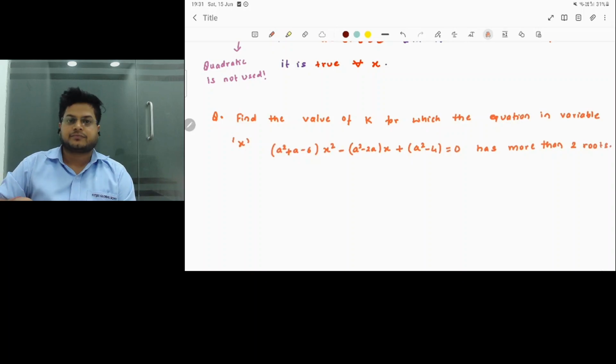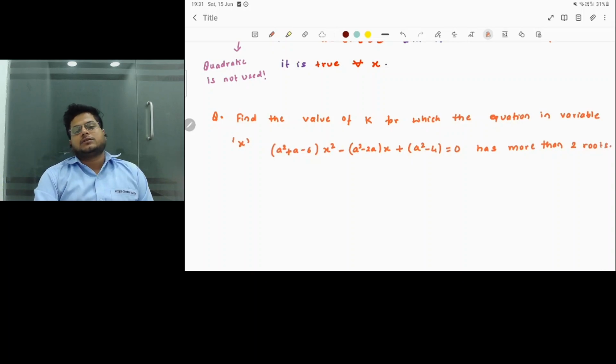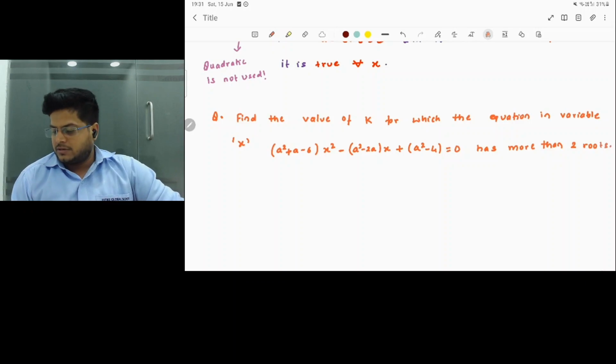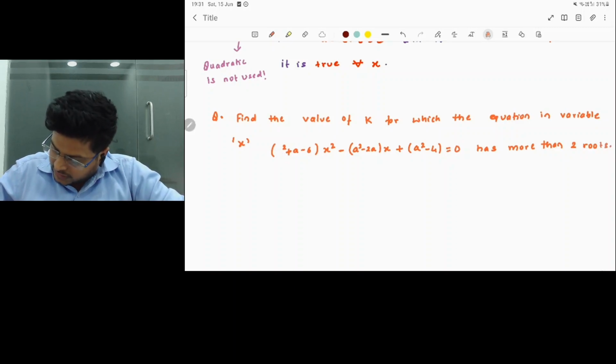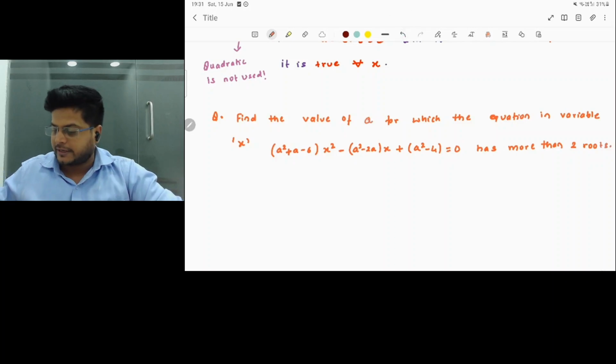So what is the question? The question is that there is an equation which is in terms of x and there is a parameter a. I have mentioned k, so we can do the required changes. Let's do it the other way: in place of k, let's say it is a.